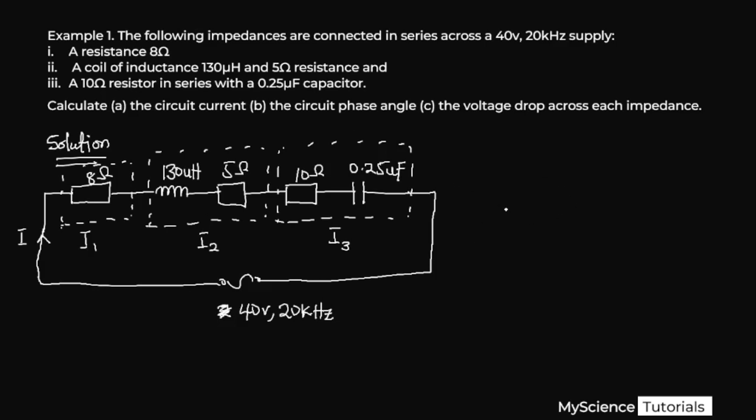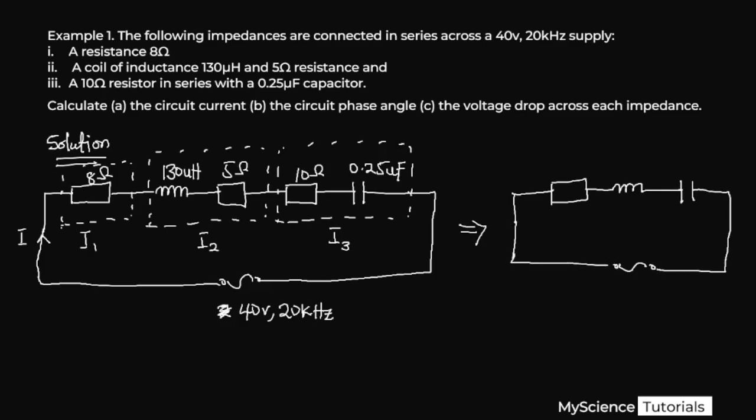So this entire circuit can be redrawn in a much simpler version as just having one resistor, one inductor, and one capacitor across a voltage supply. So we have our current moving in this direction. We have our 40 volts and 20,000 hertz frequency supply over here.